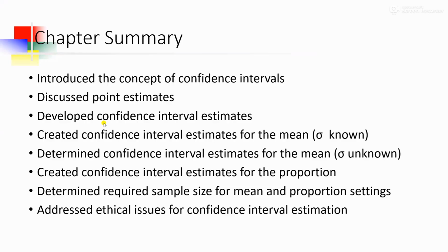And then we decided how we can determine the sample size for the mean and the proportion settings, and also how we have to use these confidence interval estimations. What are the things we have to report when we are estimating the population parameter, right? So you will also be evaluated based on these criteria, right?